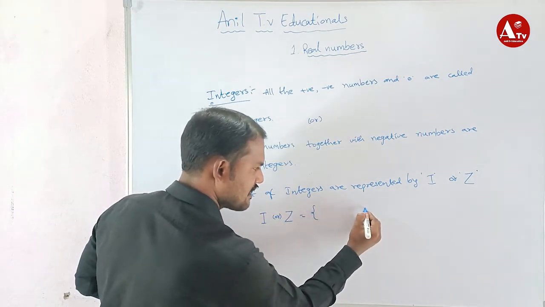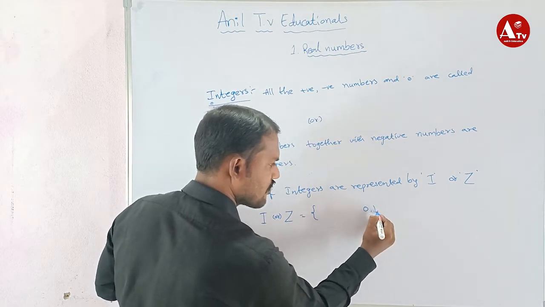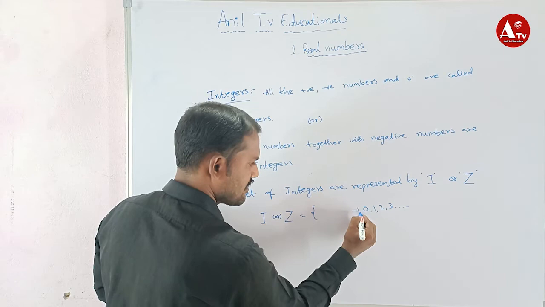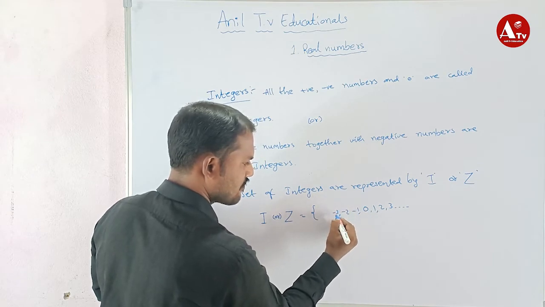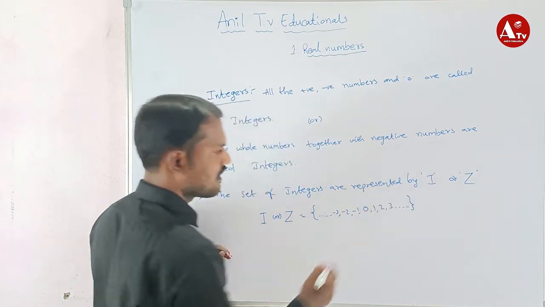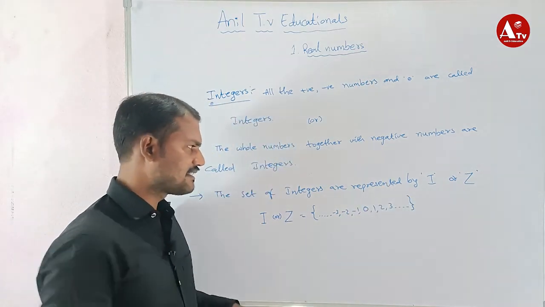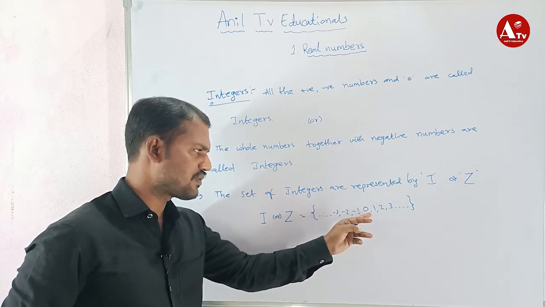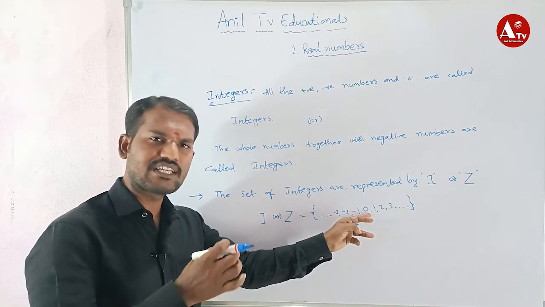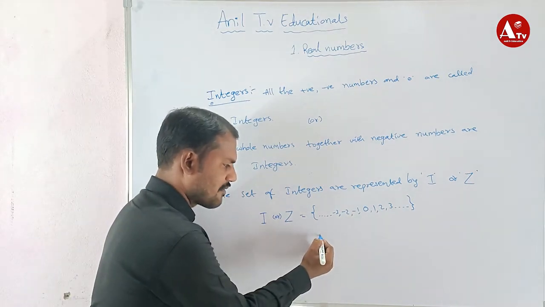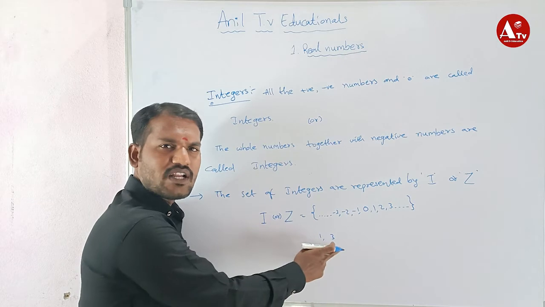Remember these, children. 0, 1, 2, 3, so on up to infinity, and -1, -2, -3, so on. Here, positive integers, 0 and negative integers. 0 is not positive, not negative, that is neutral. When we compare 1 and 3, 1 is smaller than 3.